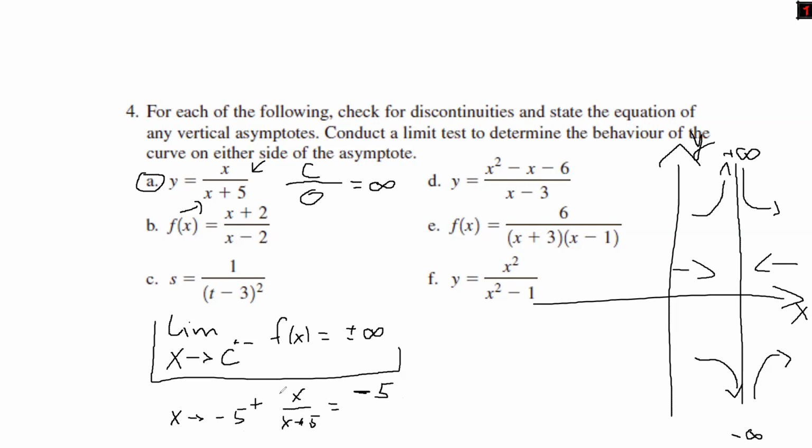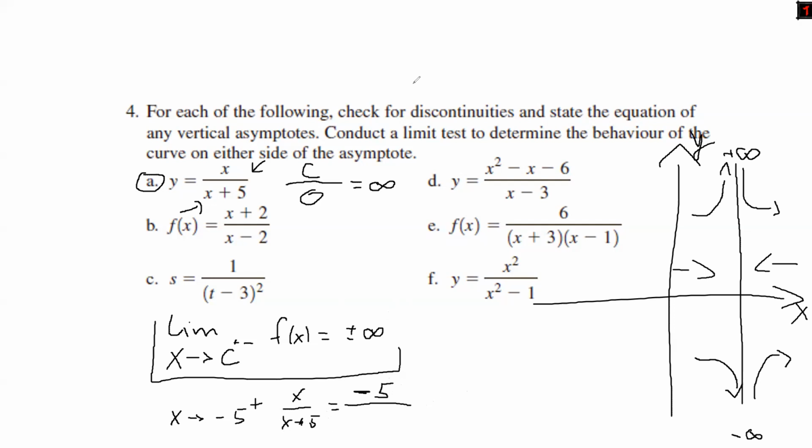So on the bottom, I'm going to have a number that's slightly less than negative 5, which is negative 5.1, for example. So negative 5.1 plus 5, how much is that? Negative 0.1, because we are approaching negative 5 from the left-hand side.